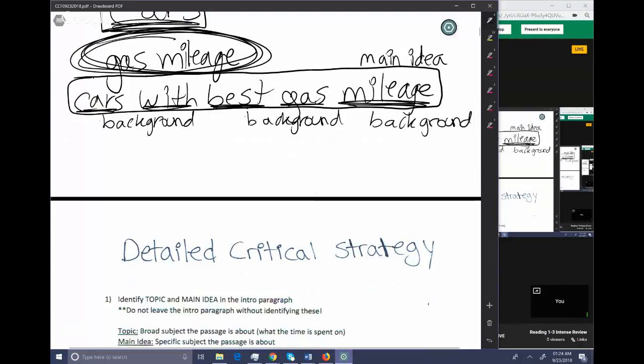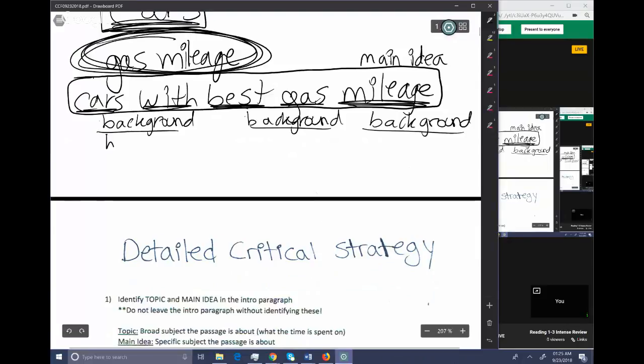So a background is one of the ones that a lot of times we will recognize. We will label it as a background paragraph, and that will be its focus. With gas mileage of cars, that could be a lot of different things. You could have all kinds of different content in there. But the bottom line is, if the second paragraph goes off in its own direction a little bit and isn't exactly about the main idea, but is explaining something you need to know or understand, it's probably a background.